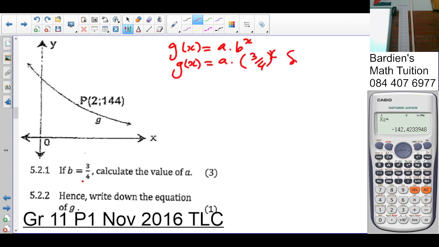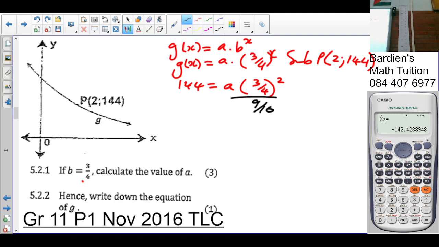And then I substitute the point 2 and 144. So that's going to be 144 is equal to a times 3 over 4 squared. So 3 over 4 squared is 9 over 16. I divide both sides by 9 over 16. So that cancels.